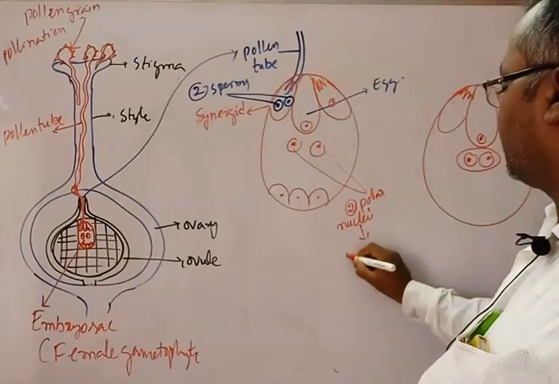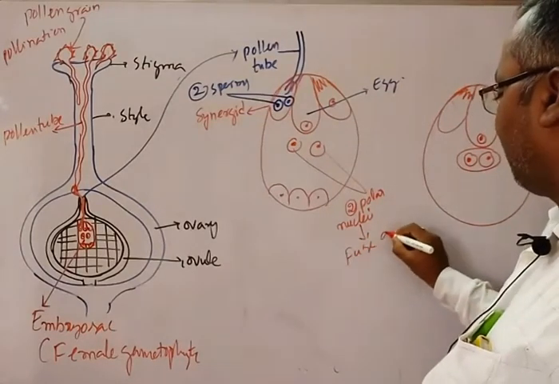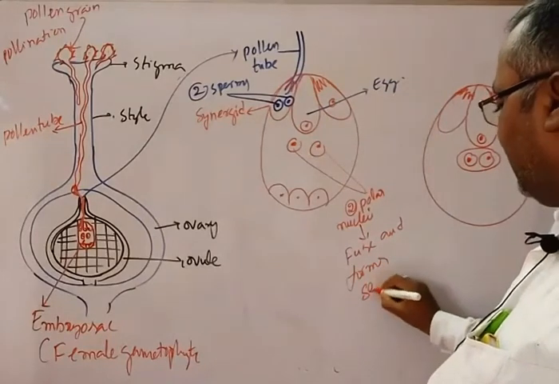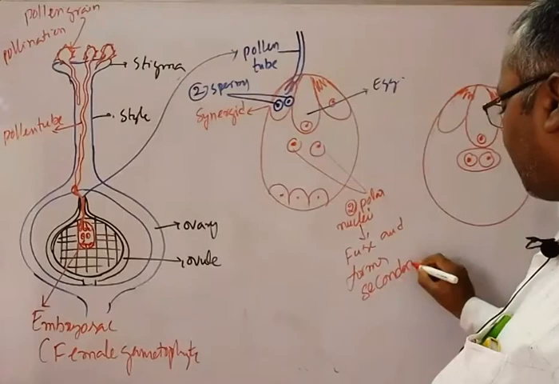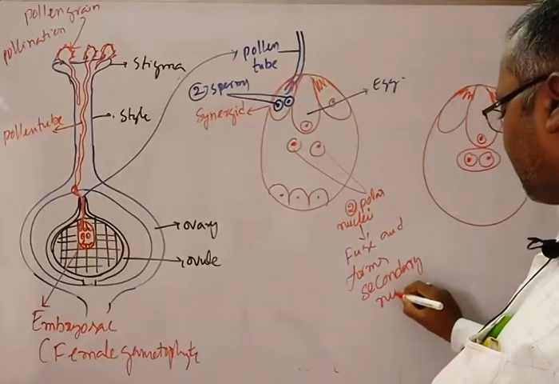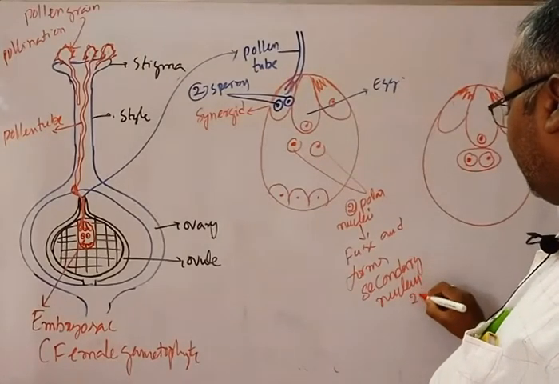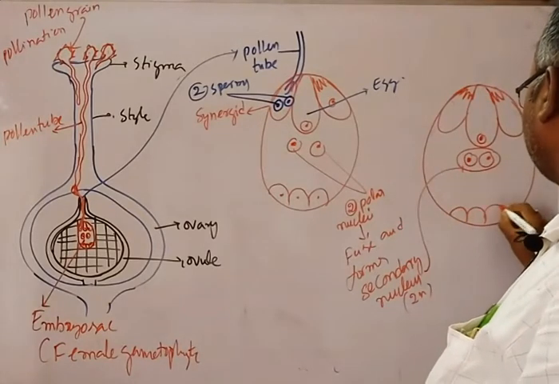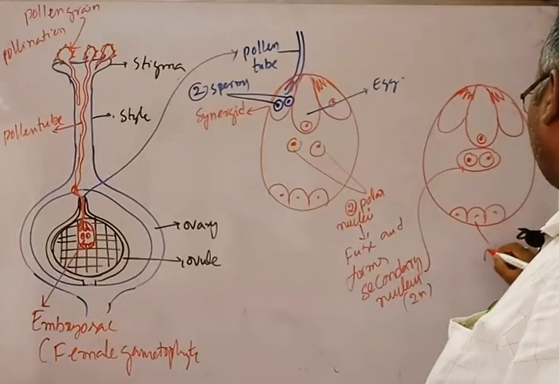They fuse and form the secondary nucleus. Now it is diploid. This is the secondary nucleus. And these are antipodals.